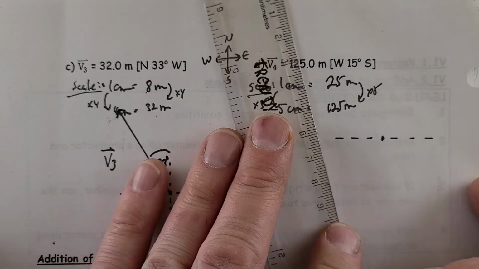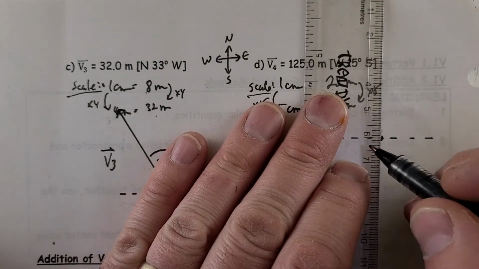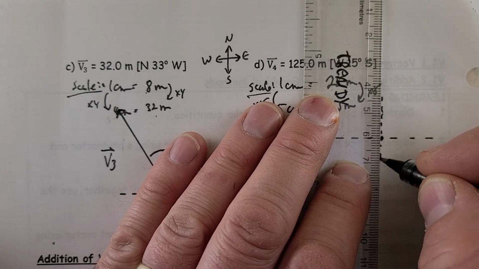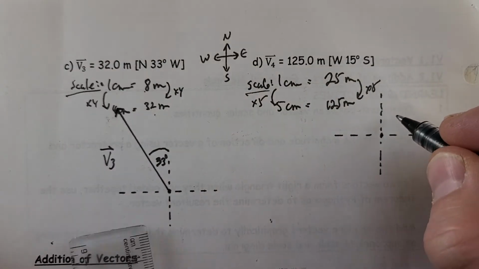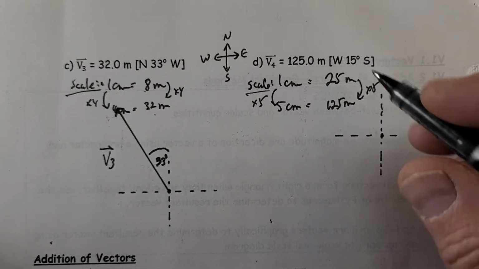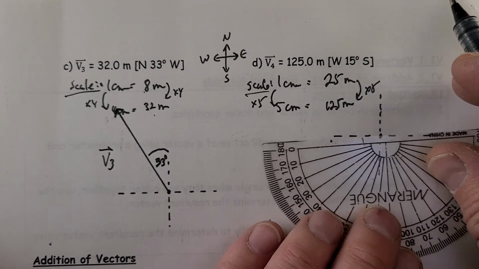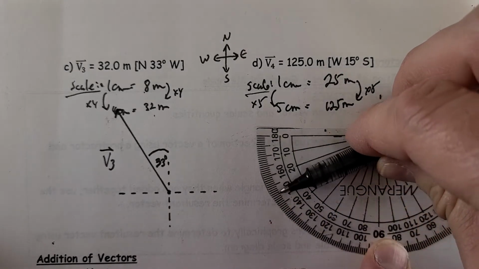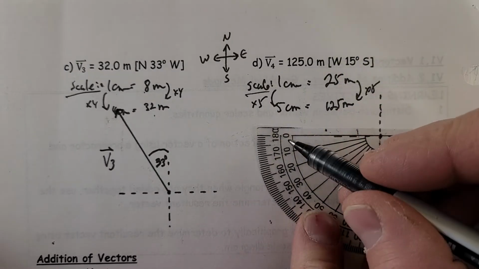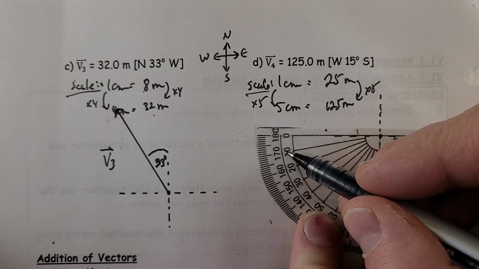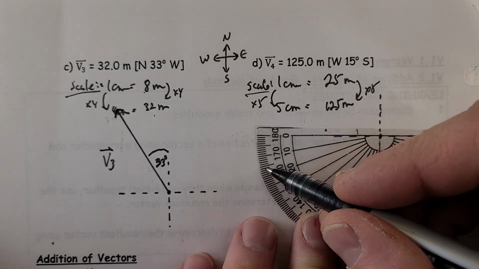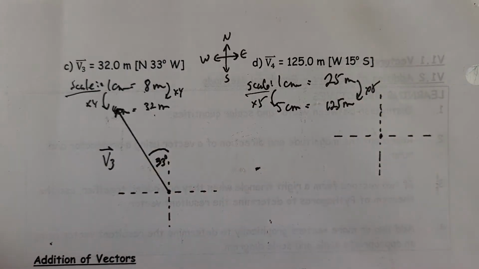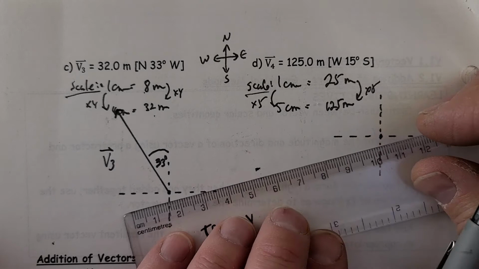So go like that. And again, put your ruler so that your line is overlapping this line, and then I automatically have a 90-degree angle, and you can see my quadrants 1, 2, 3, 4. So from west, go south, and I'm going 15 degrees. So let's see here, 0, here's my 10, here's my 20, so 15 we can see is midway in between. So right there. And yes, I want to make this 5 centimeters.